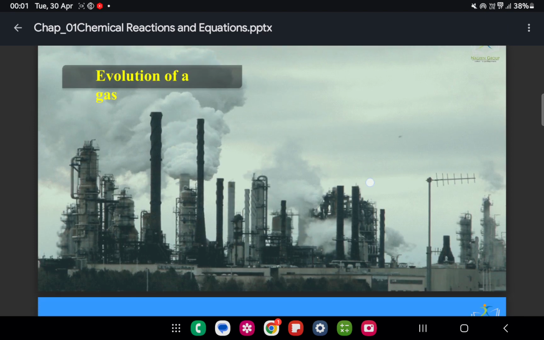Next we are coming to evolution of gas. Evolution of gas means some of the coal products or materials, if you burn them at high temperature, we will get some gaseous form. It may be sulfur, nitrogen, oxygen, carbon dioxide, whatever it may be, in the form of gas.